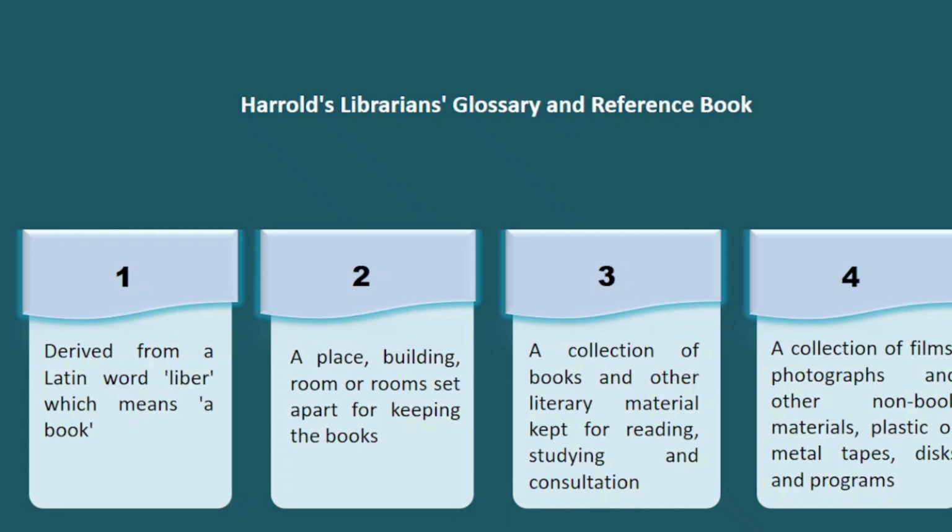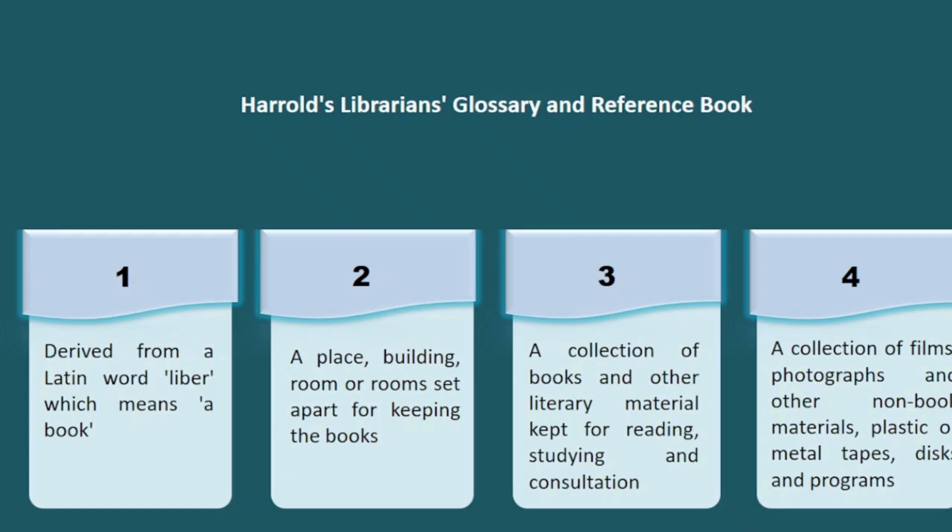Firstly, it tells us about its origin, that is liber, which means a book. The Latin word liber is the original word from which the term library has originated. In the second point, it tells us that it is a place or building, room or rooms set apart for keeping the books. Thirdly, a collection of books and other literary material kept for reading, studying and consultation.